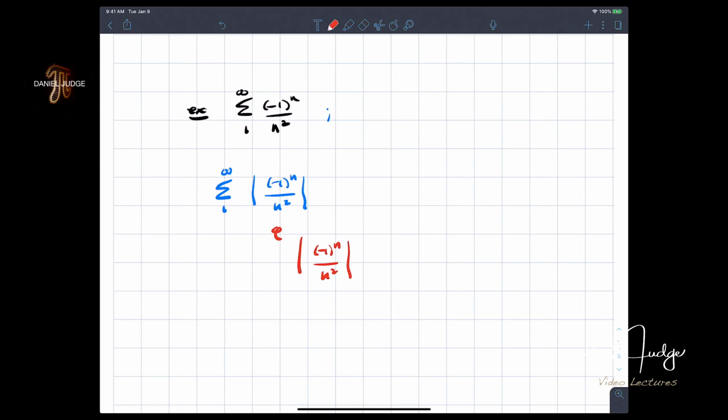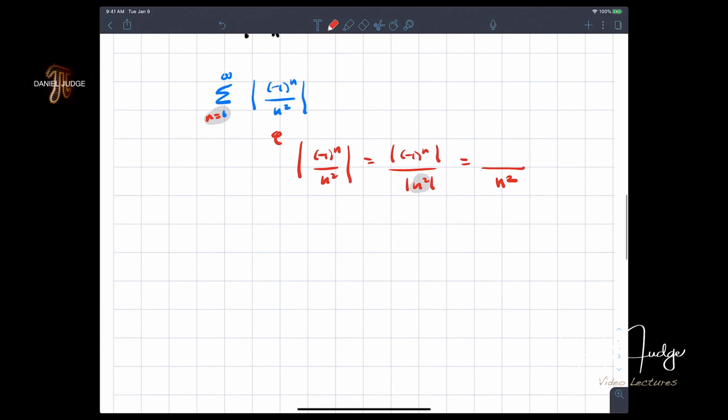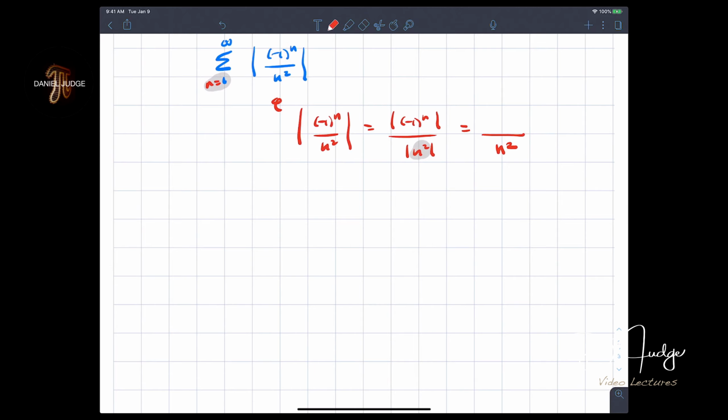And so you're going to have to do a little bit of algebra and know by the quotient rule, here's what you get. And then understand that since we're dealing with natural numbers, our index here, right, n is 1 to infinity, this means that n squared will be positive, which means I can get rid of the absolute value, by definition of absolute value. And then in the numerator, I think we showed in the past, and what you guys really want to know is that you're going to see a lot of this.